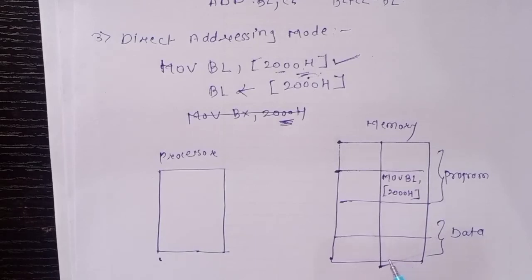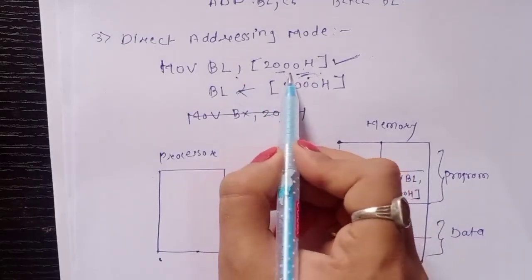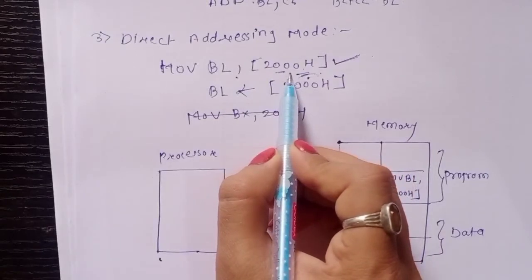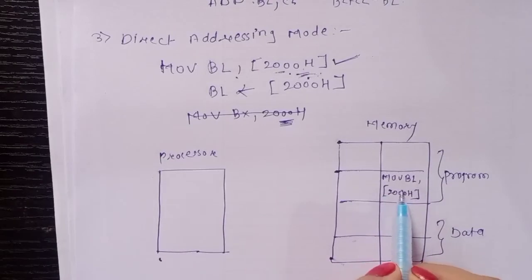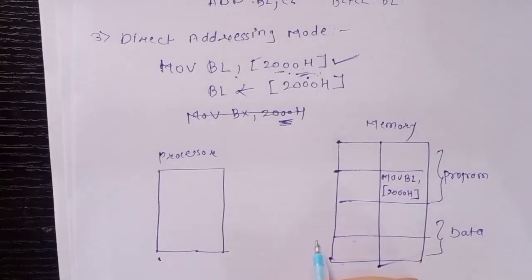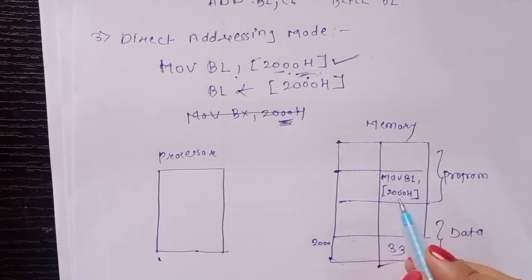Now MOV BL, [2000H]. This is part of your program, as it is an instruction. Somewhere there is a location 2000 in the memory. It carries data, let's say 33. The location is given in an instruction. It means that somewhere in the memory location 2000 is present and at that location data 33 is available.